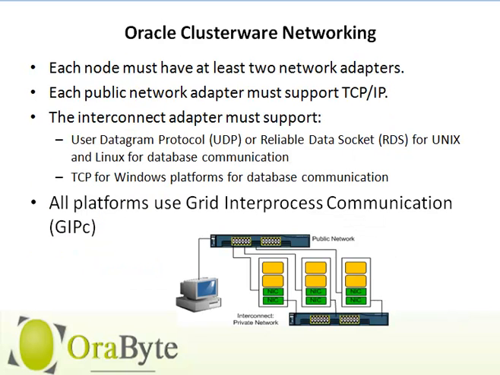So let's get into some basic components here. Oracle clusterware networking. Each node must have at least 2 network adapters. Each public network must support TCP/IP. The interconnect adapter must support UDP, which is User Datagram Protocol, or Reliable Data Socket (RDS) for Unix and Linux for database communication.